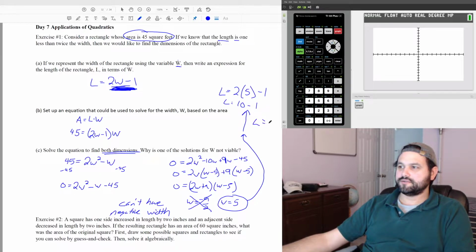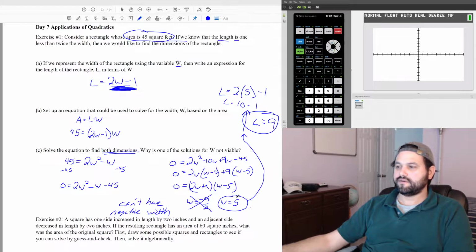And so my length equals 9. Okay? There's my two dimensions. Length is 9, width is 5. And we are in feet. There. Awesome.